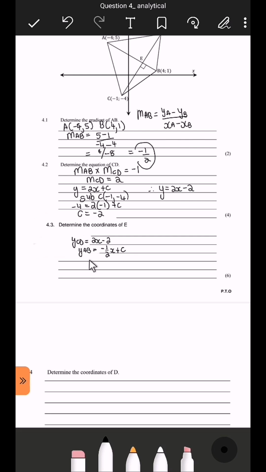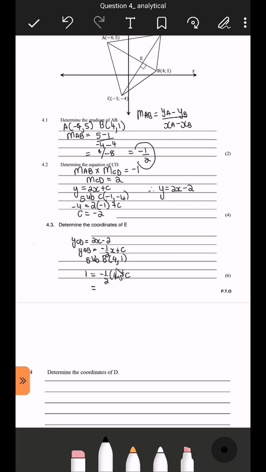Then what we need to do is substitute one of the coordinates of AB, between A and B. I'm going to choose to substitute in B. In place of y of AB, we're going to have 1 equals negative 1 over 2 times 4 in the place of x, plus c.